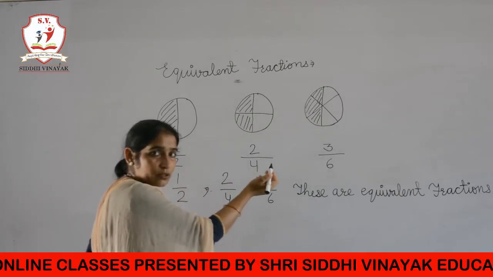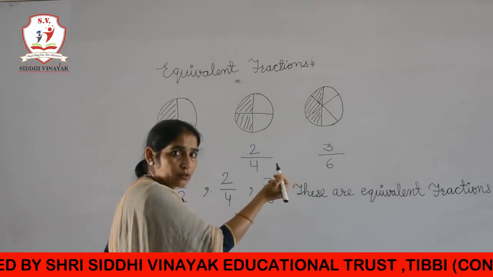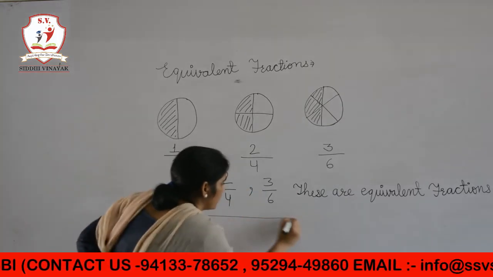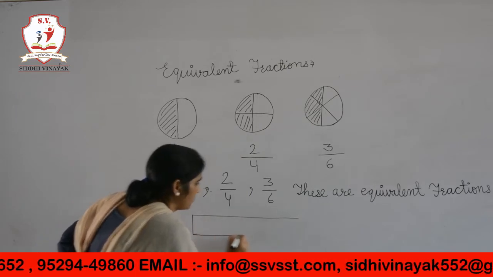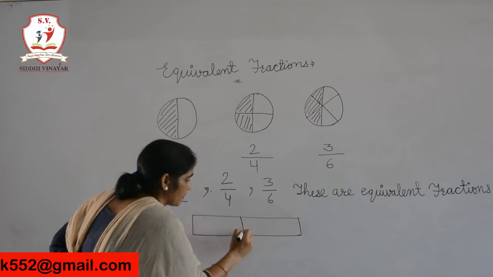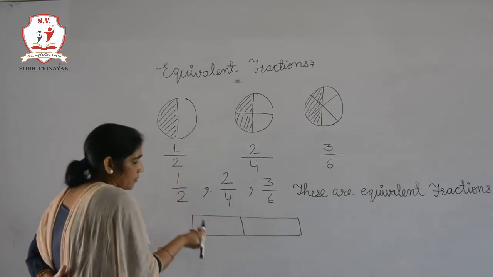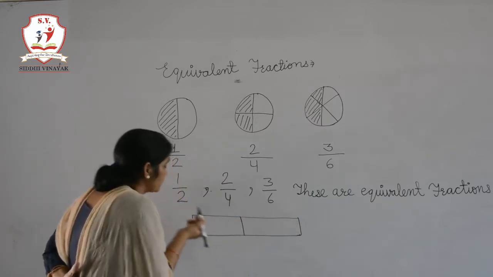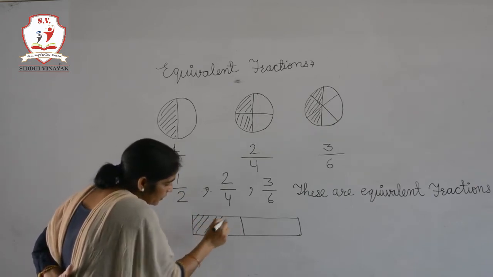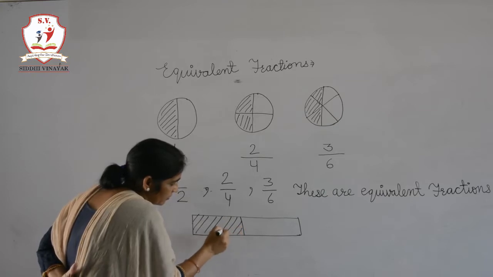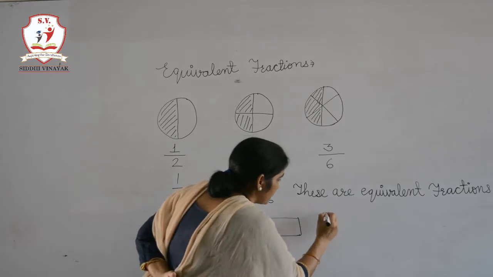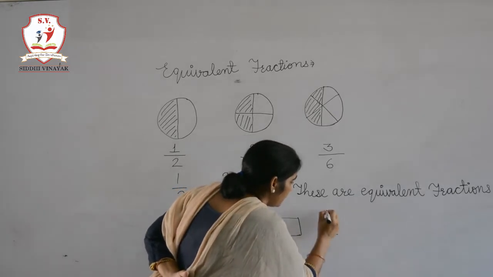Study the following shaded parts step by step carefully. Total parts are 2. One part is shaded. We write these fractions on the right side: 1 upon 2.